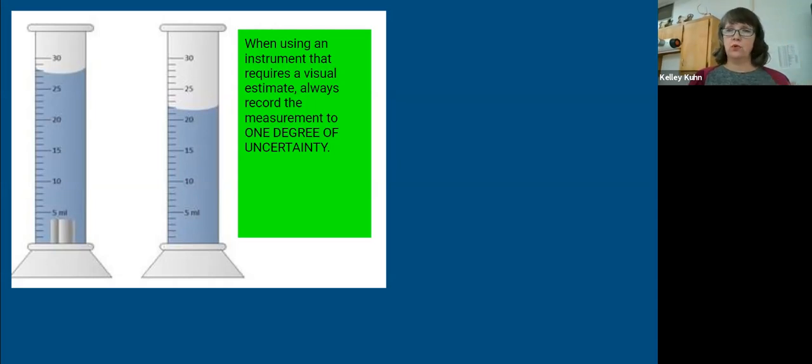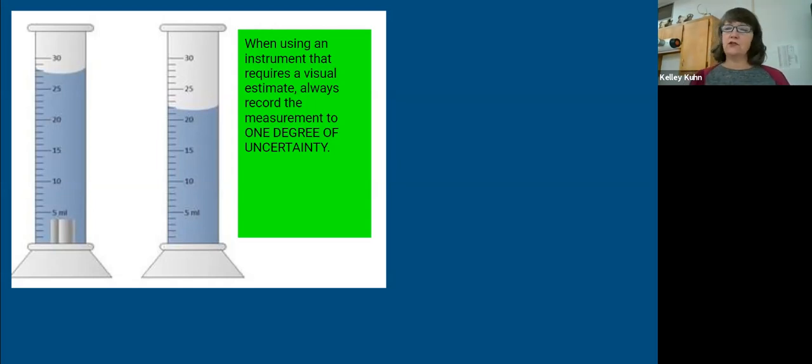Whenever you have a tool that's visually marked with increments, you personally will have to estimate to one more degree of uncertainty. So for example, if we look at our increments on these graduated cylinders, they're in ones, right? You can see the 5, 10, 15, 20, and then in between are 4 lines that represent the one-step increments.